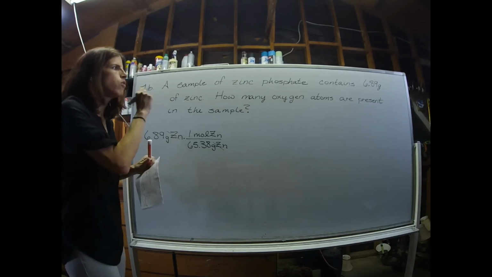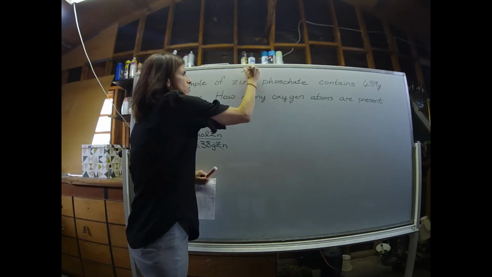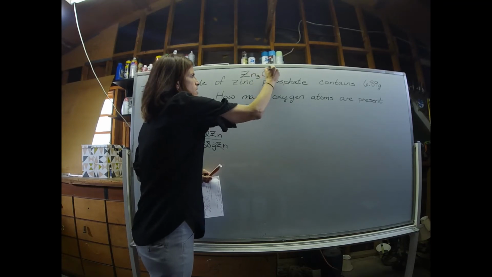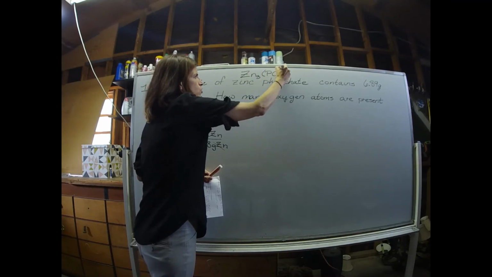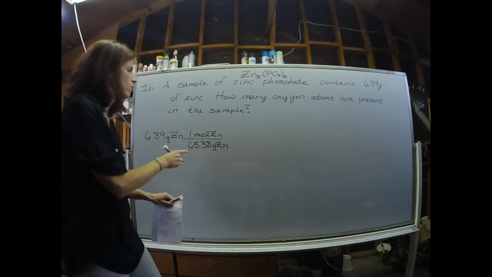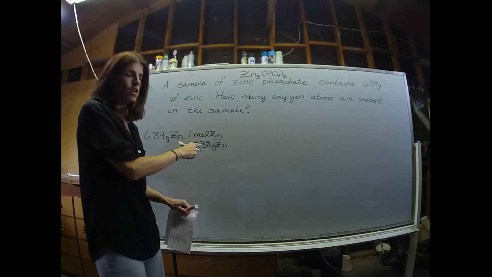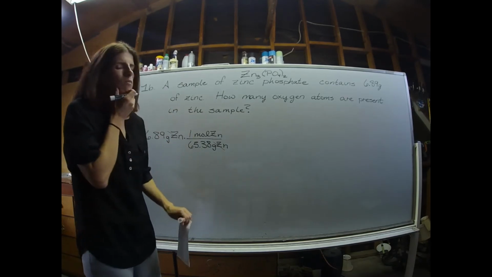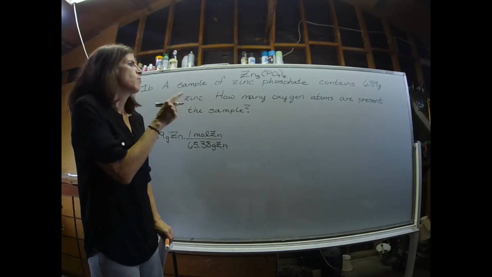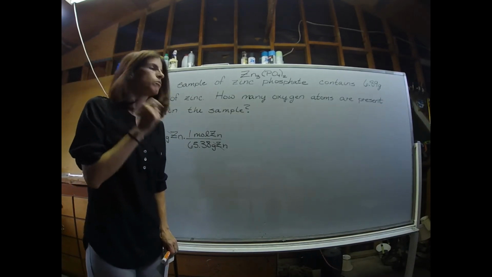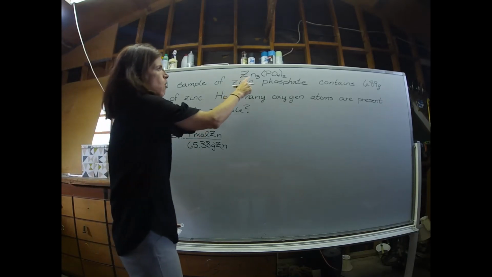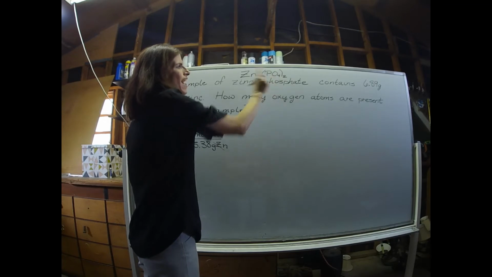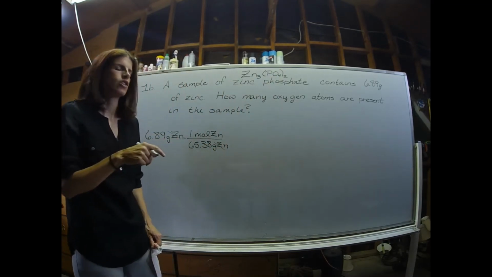And since we know the formula of zinc phosphate, Zn3(PO4)2, we can relate the moles of zinc to zinc phosphate as a whole. That would be an option. But actually looking at this, I think it would be a little bit shorter to relate the moles of zinc to moles of oxygen. There's going to be 3 moles of zinc per every 8 moles of oxygen.